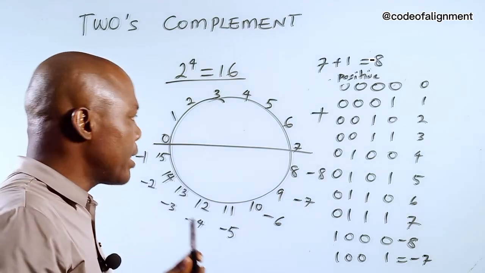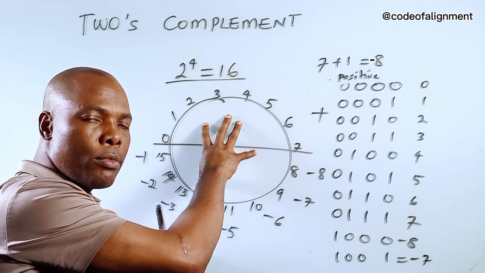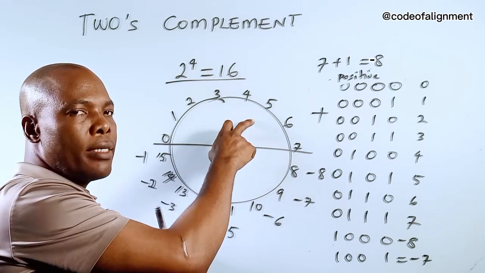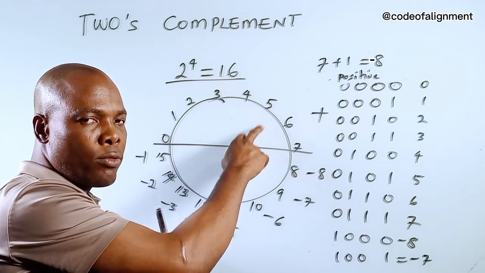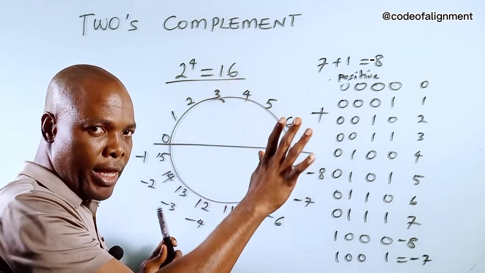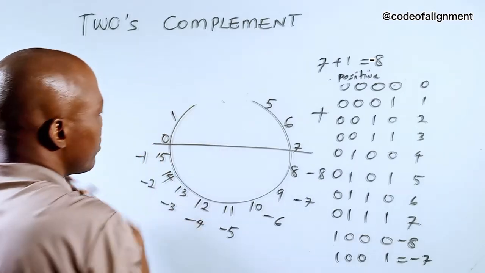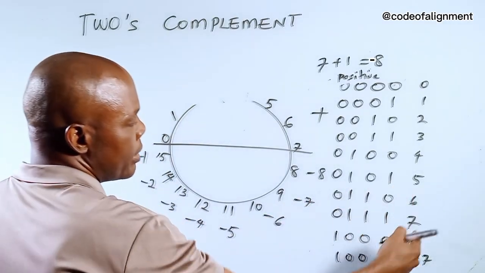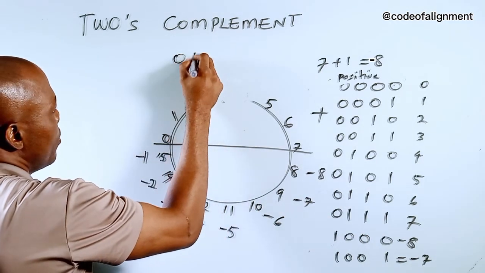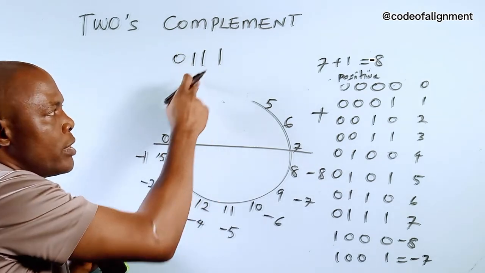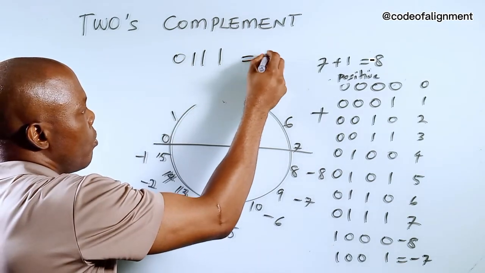Now, how did we arrive at it being this? What we are saying is that for this system to remain balanced, when you add the negative equivalent of a number to that number, it should give us 0. Isn't that so? All right, so let's check it out. If 7 is 0, 1, 1, 1, what number are we going to add to this to give us 0?